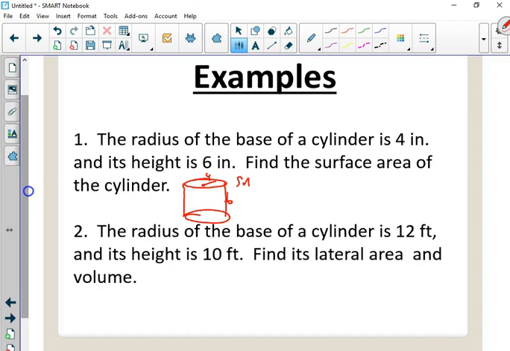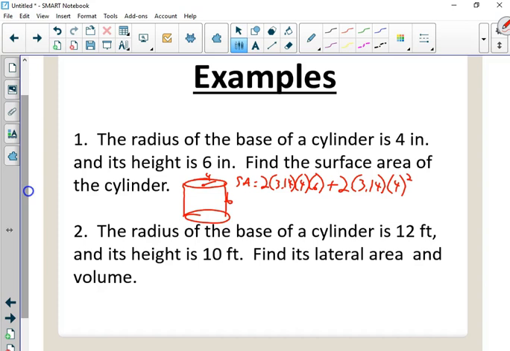So surface area is going to be 2 times pi, which is 3.14, times the radius, which is 4, times the height, which is 6, plus 2 times pi, 3.14, times the radius, 4, squared.